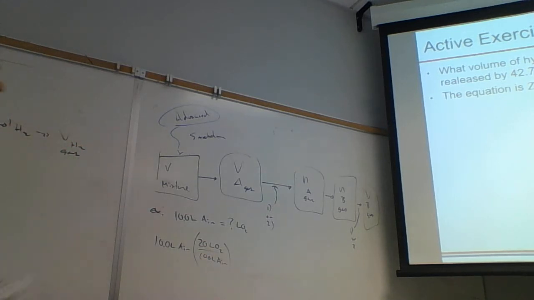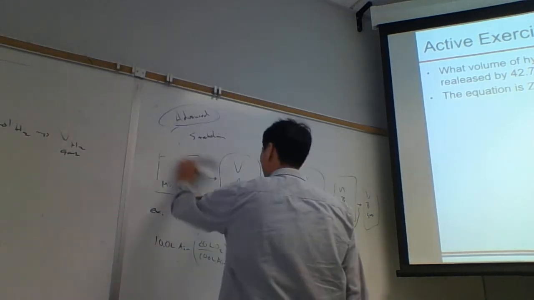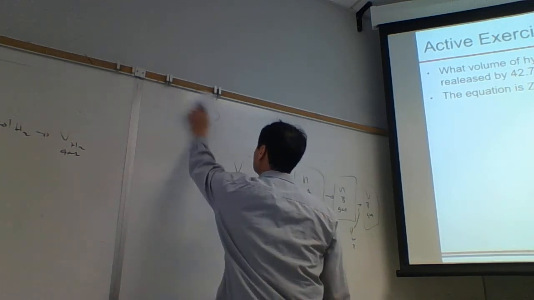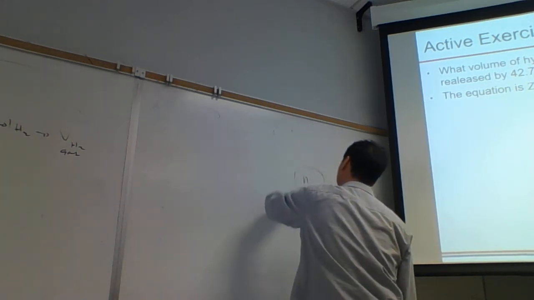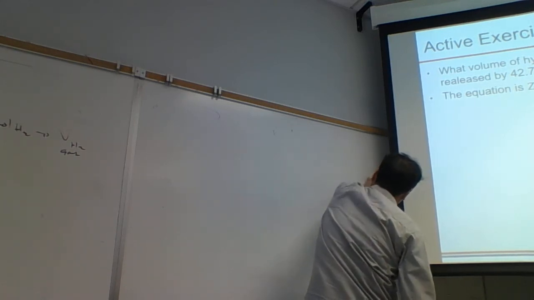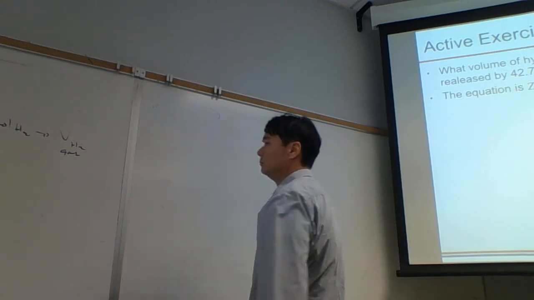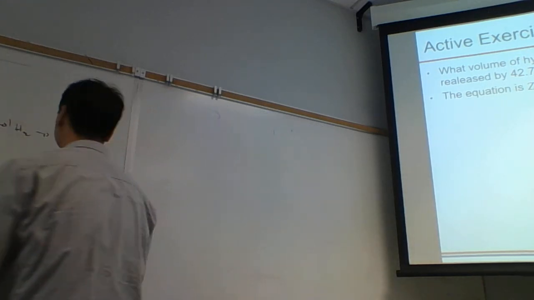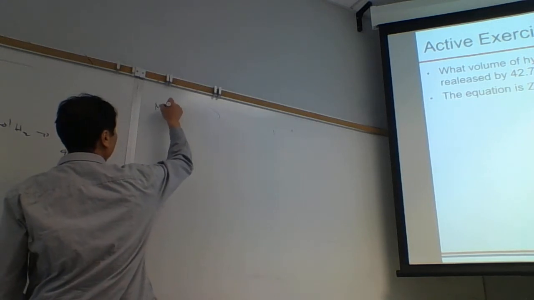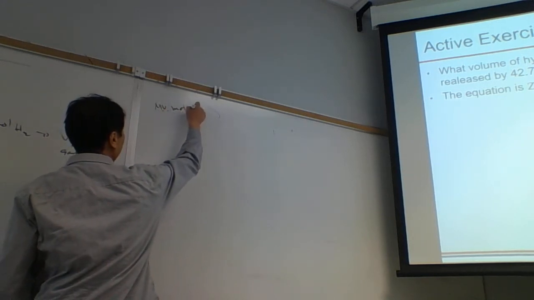So that's the tail end of the stoichiometry map here. We're going to use the molar volume method first.